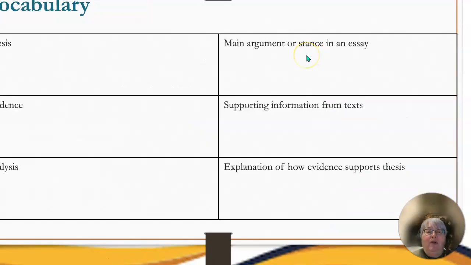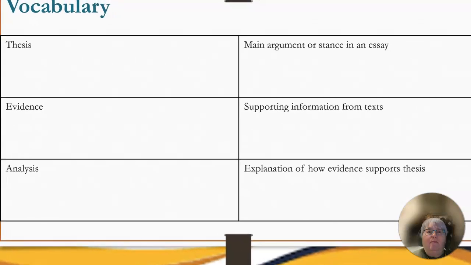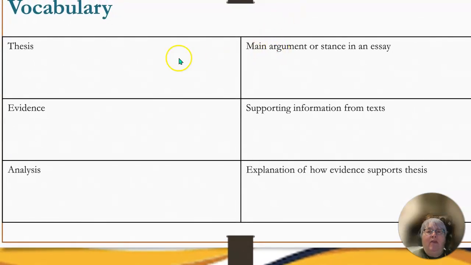So a couple of vocabulary terms you need to be aware of. We have a thesis or claim. That's the main argument or stance in an essay. This always comes at the end of the introduction paragraph.